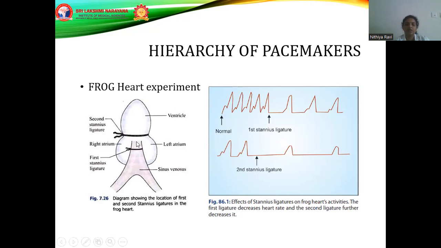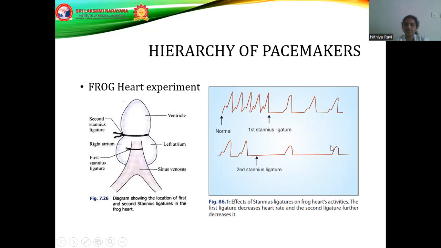Now along with this, if you apply another ligature, the second Stannius ligature, which is in between the atria and the ventricles, then referring to this graph, you can see that the impulse generation is further delayed.